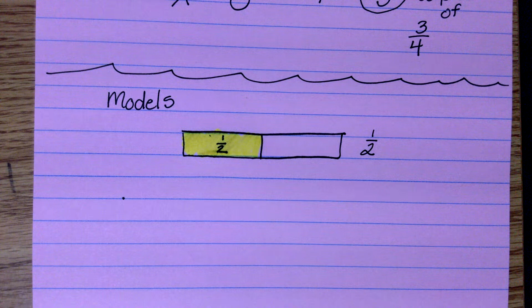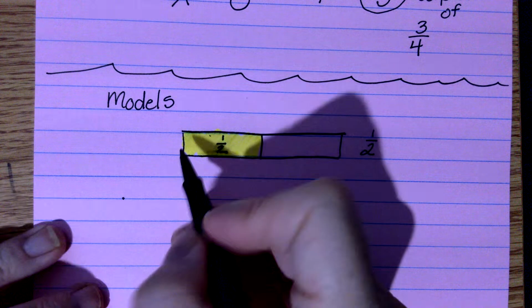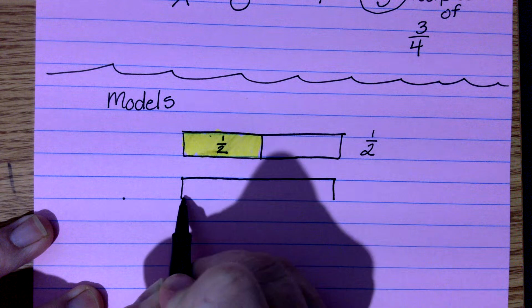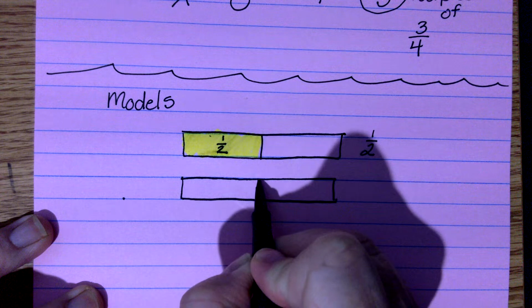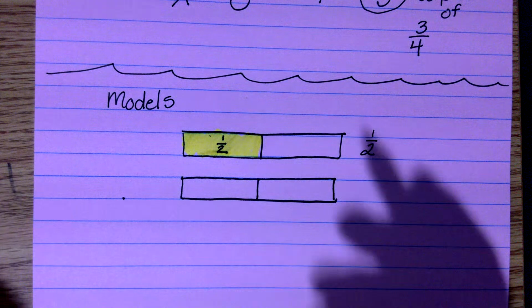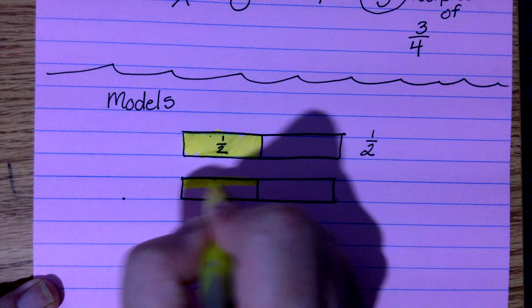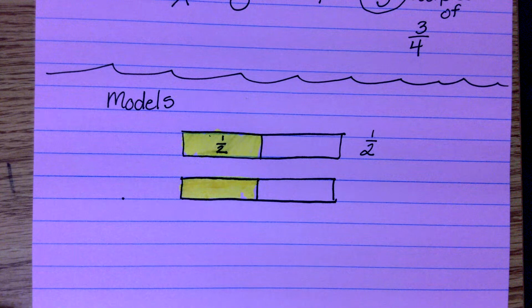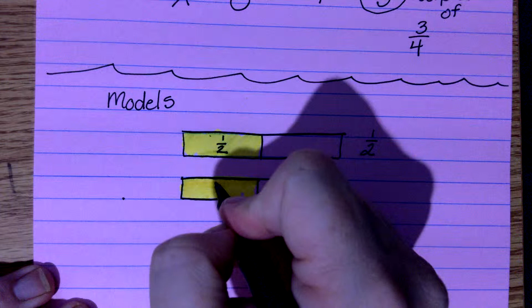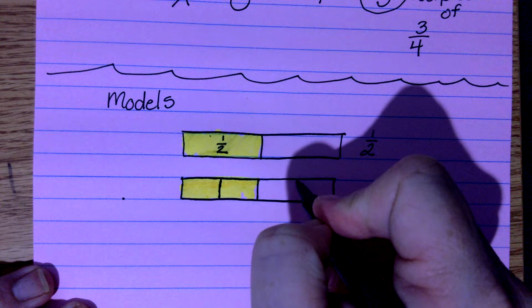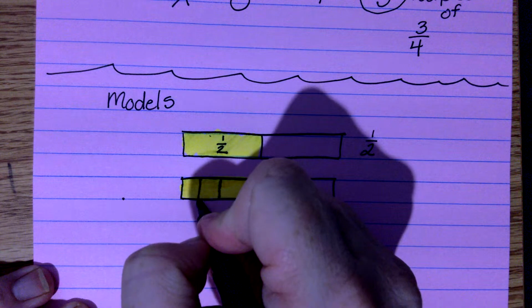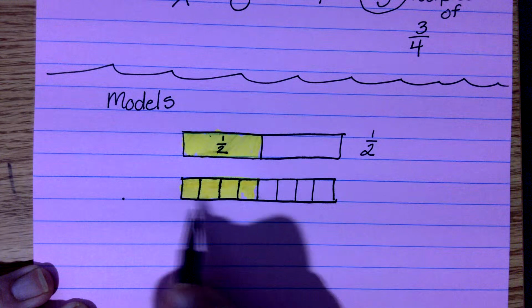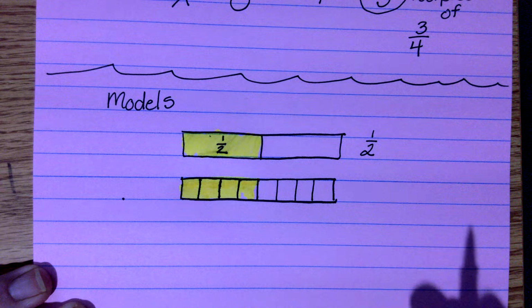Now, if I take the same size whole and color in the same amount, which is 1/2, and I divide my parts so that they're smaller, I'm going to have more parts in that colored in space.